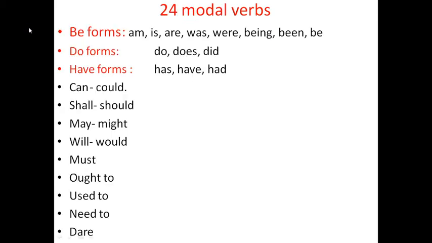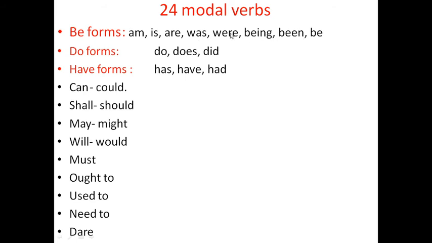So what are modal verbs? There are 24 modal verbs in the English language. Let us see the be forms first: am, is, are, was, were, being, been, be.